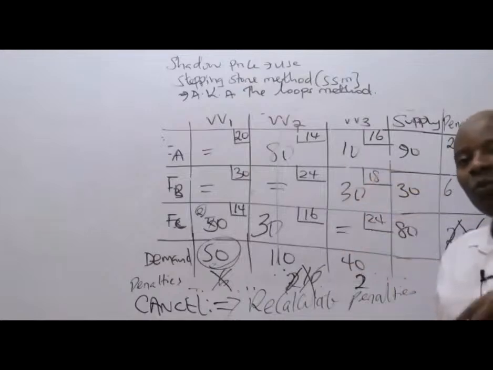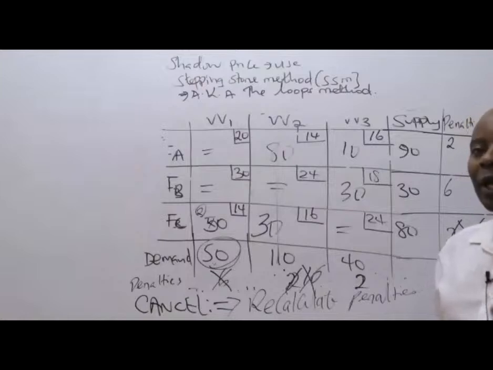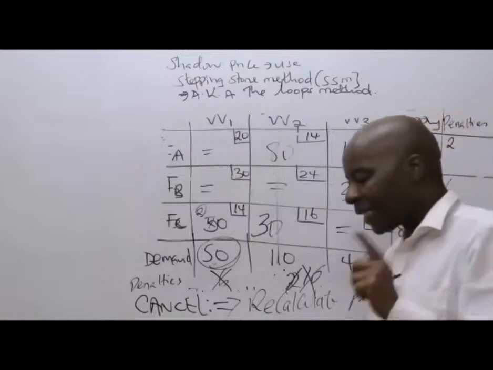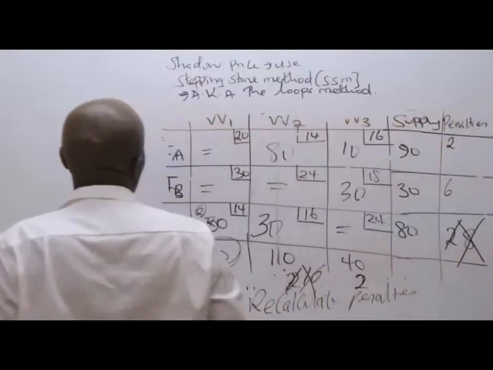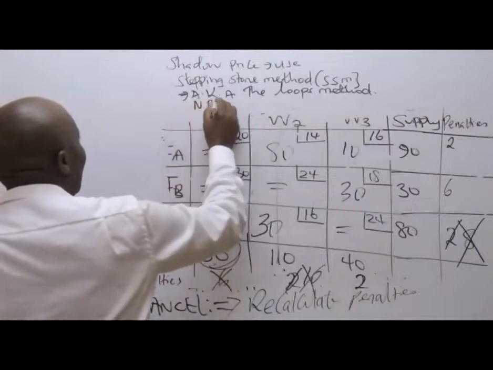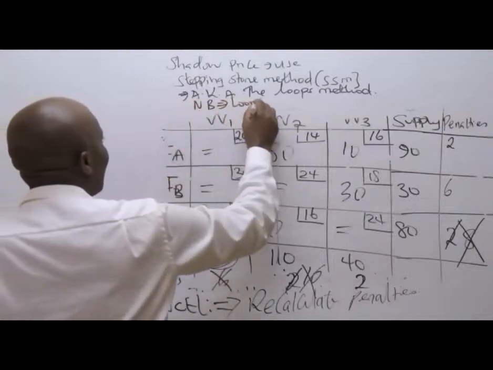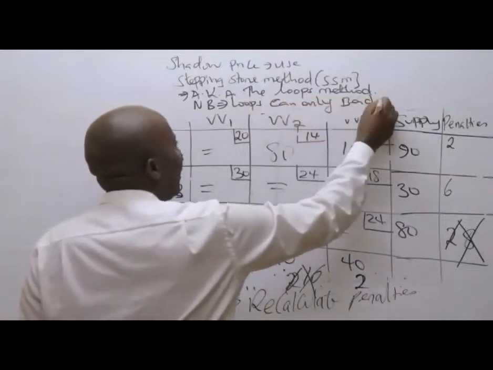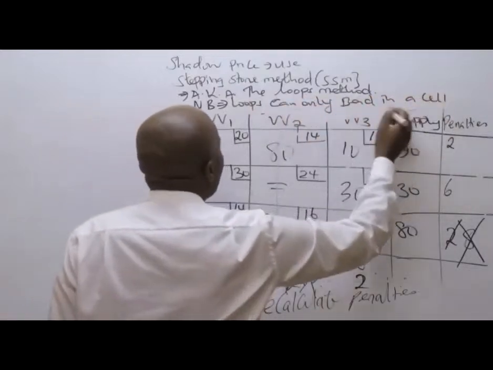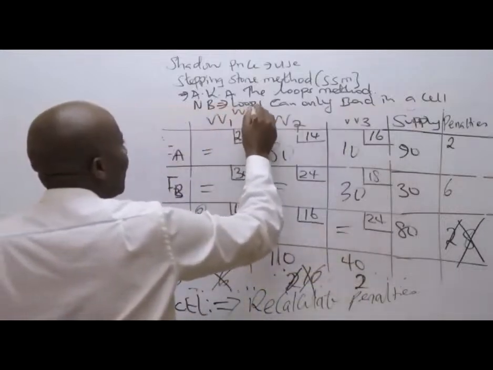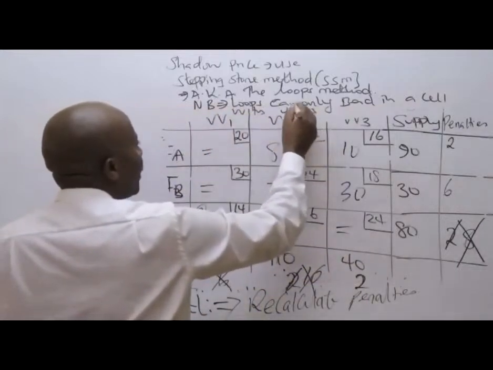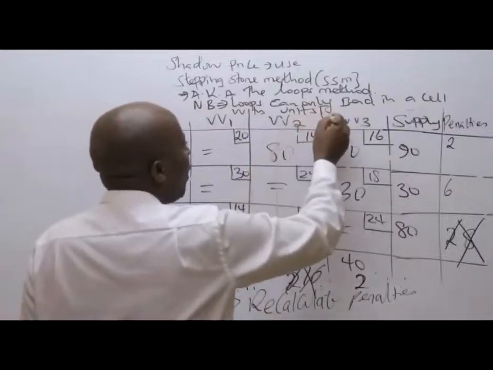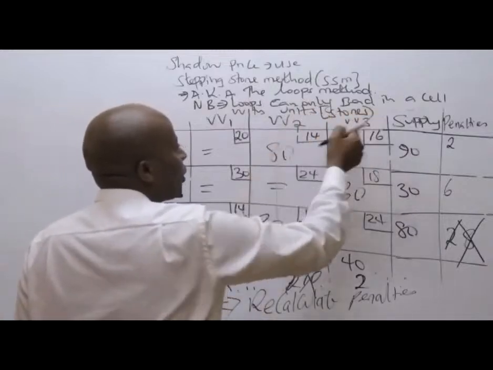But remember, as we move around our loops, loops can only bend in a cell with units. Note that loops can only bend in a cell with units. Units are the ones we are calling what here? Stones.